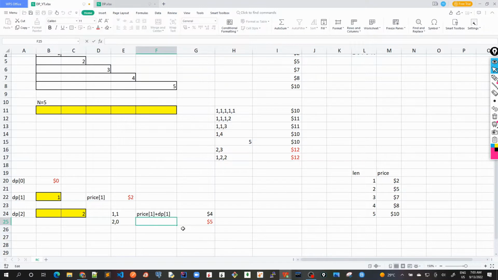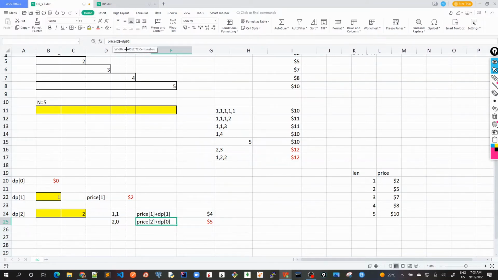And this can be written again as price of 2 plus DP of 0, right? Because DP0, we're just writing it to come to a common algorithm.